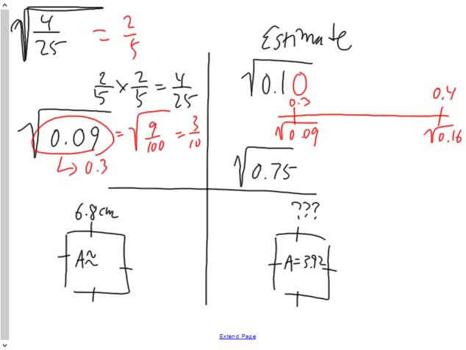So when I set up my number line, that's what it's going to look like. And the square root of 0.1, which is just a little bit more than 0.09, just like 10 cents is a little more than 9 cents, will probably be somewhere around here. So a good estimation is approximately equal to 0.31.